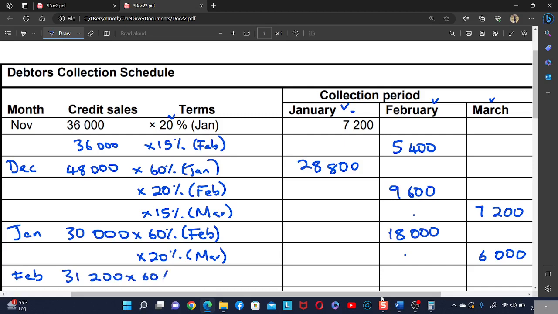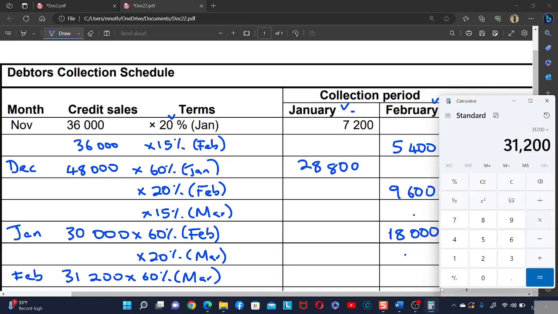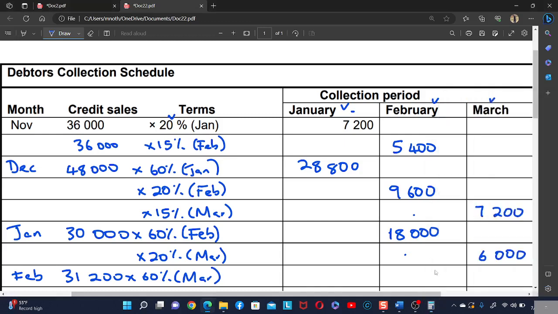So we are told that 60% is going to be paid in March. So times 60% it's going to be 18,720, right?